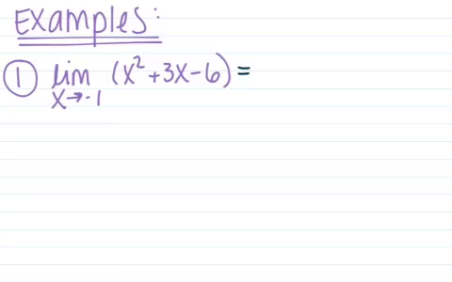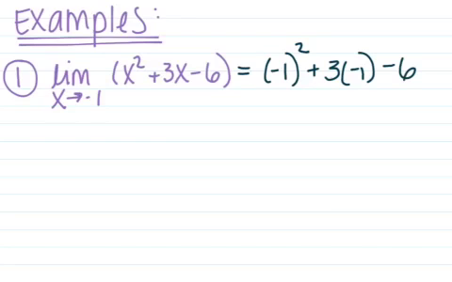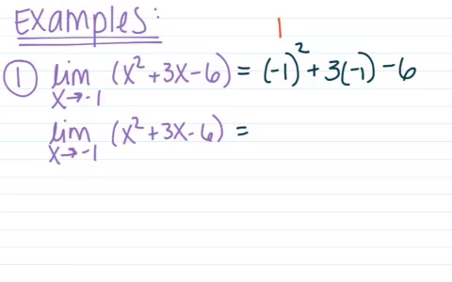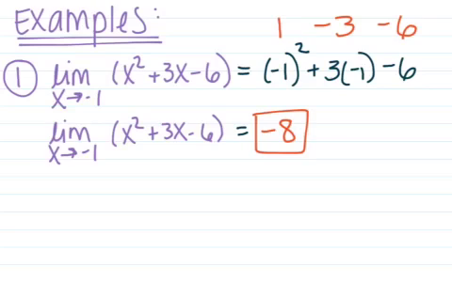So if we do direct substitution here and just plug in the value, and simplify, we're going to get a positive 1 minus 3 minus 6, which will simply give us an answer of -8. Okay, so in this one, direct substitution was all we had to do. Nice and easy.